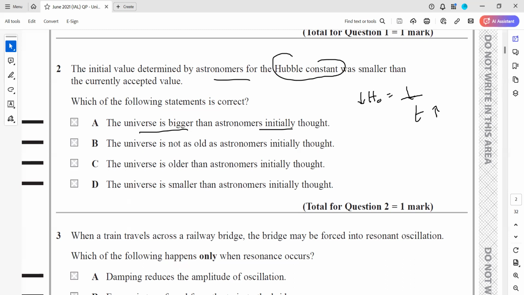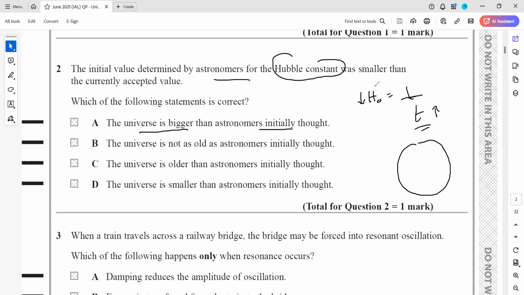The main idea is that the Hubble constant gives an idea about the time interval rather than the size of the universe.